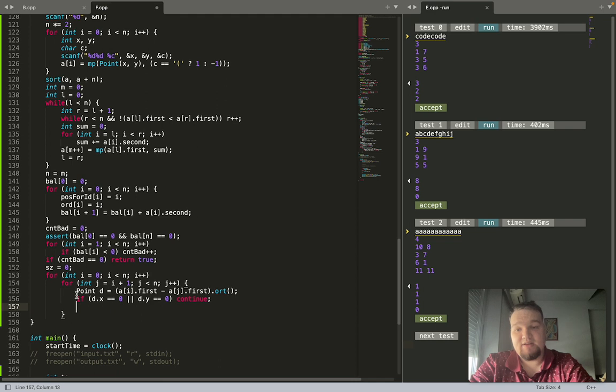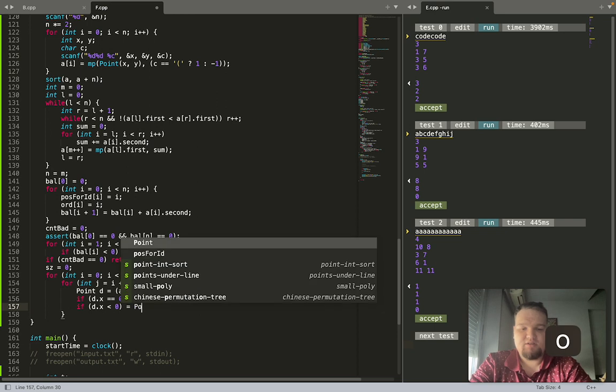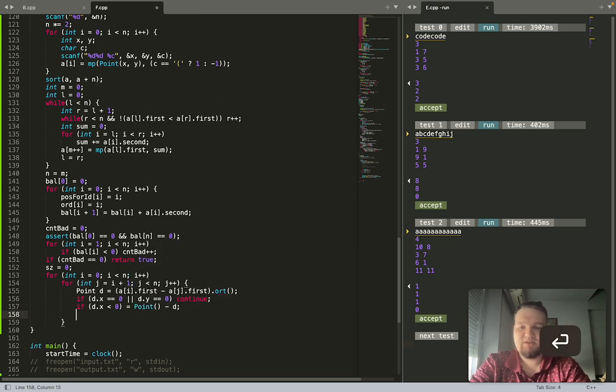So I want to make this point have both coordinates positive. If the x coordinate is negative, then I want to rotate it, take the opposite vector like this.